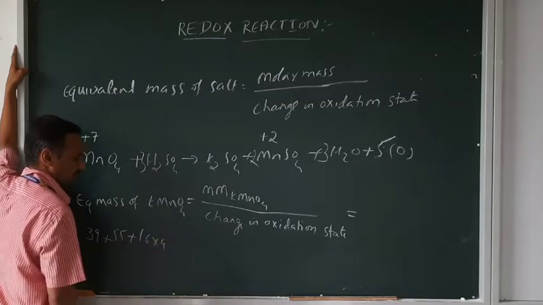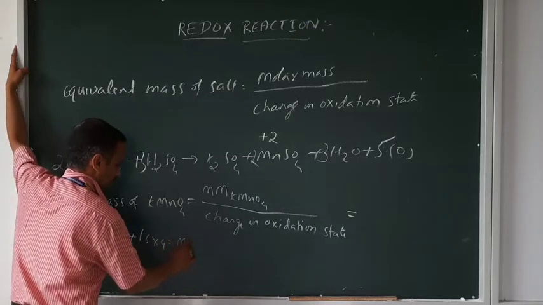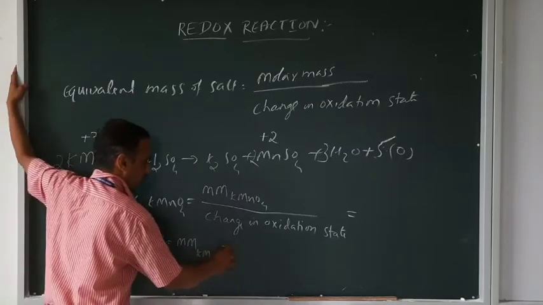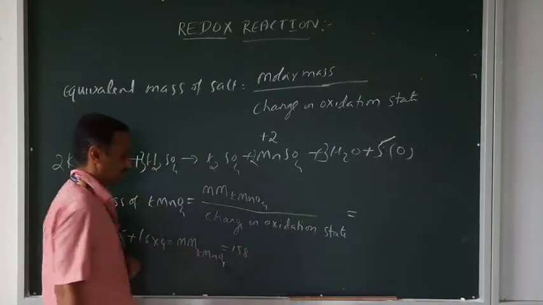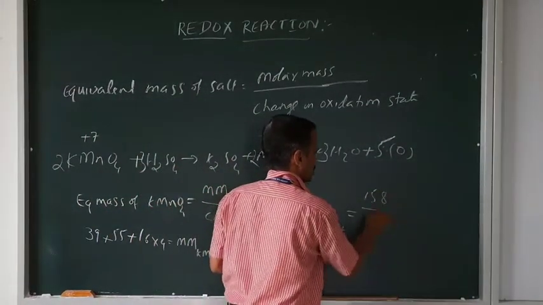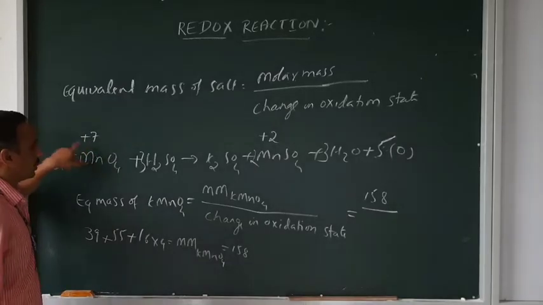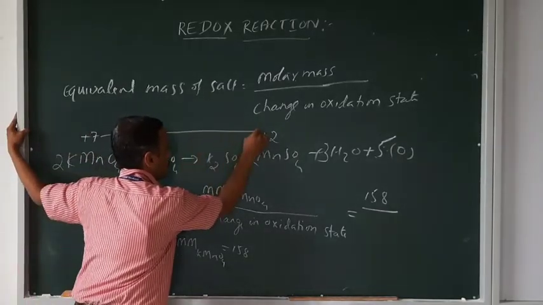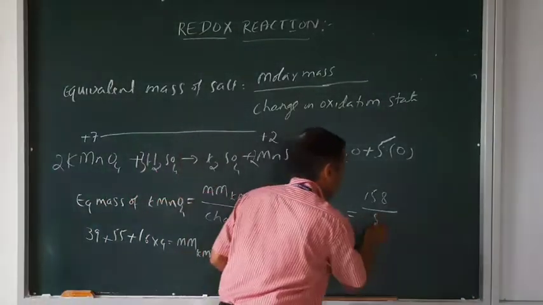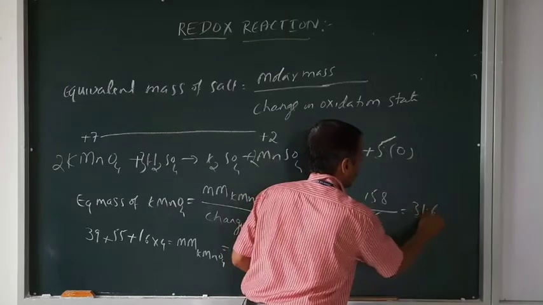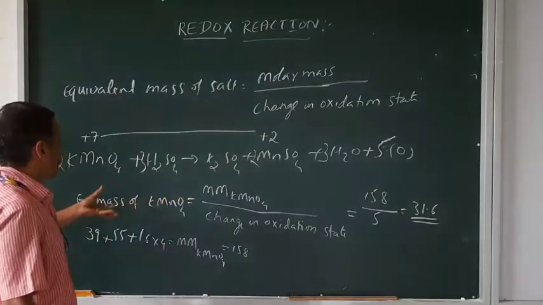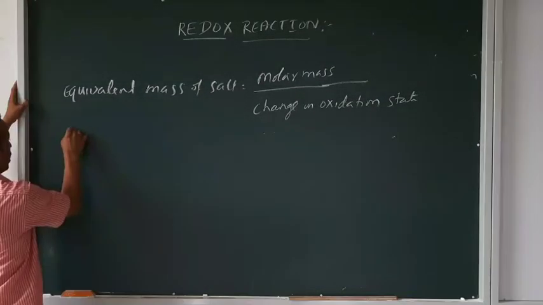This is the molar mass of KMnO4, which happens to be 158. So molar mass is 158 divided by the change in oxidation state, +7 to +2. How many units? 5 units. So divide by 5, which equals 31.6. This is how we calculate the equivalent mass of potassium permanganate.